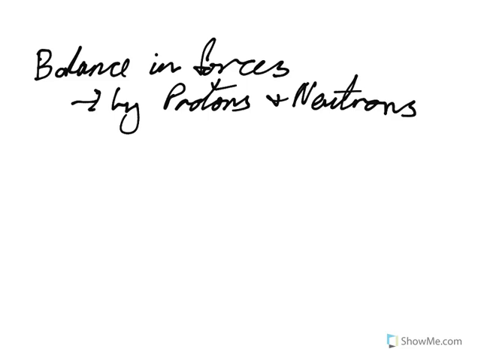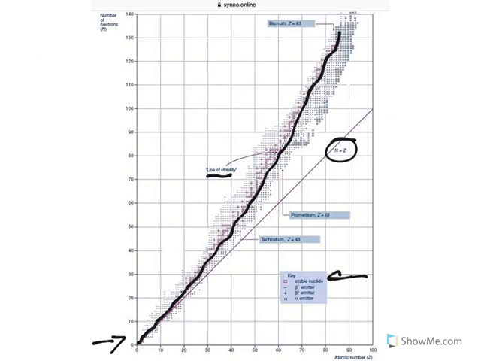And also, if you have a look, when we get right up high, up to bismuth, which is right where that black line ends, about there somewhere, everything after that is radioactive.